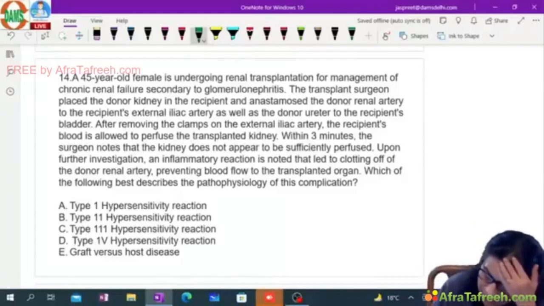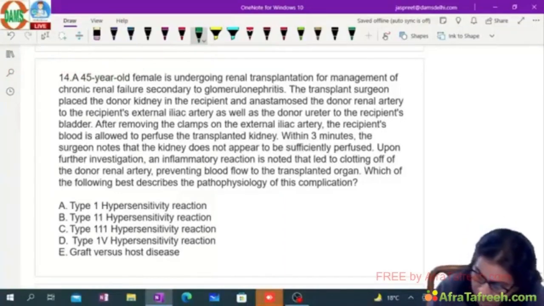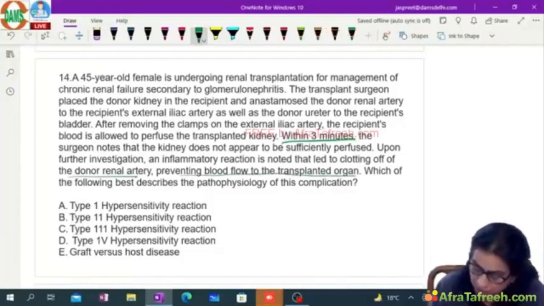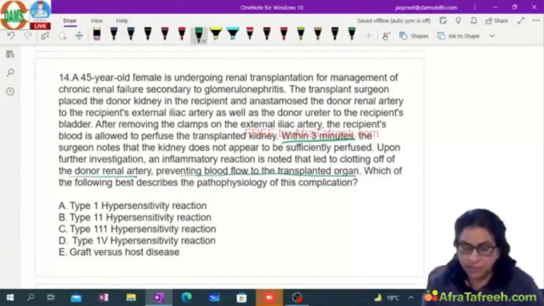After removing the clamps on the external iliac artery, the recipient's blood is allowed to perfuse the transplanted kidney. Within 3 minutes, the surgeon notes that the kidney does not appear to be sufficiently perfused. Upon further investigation, an inflammatory reaction is noted that led to clotting off of the donor artery, preventing blood flow to the transplanted kidney. Which of the following best describes the pathophysiology of this complication?